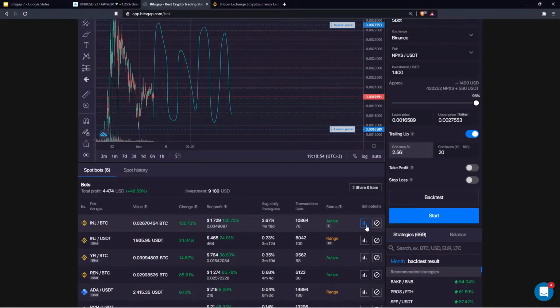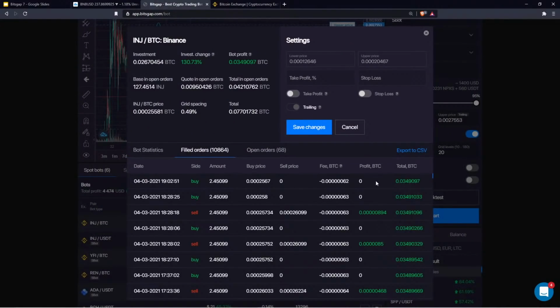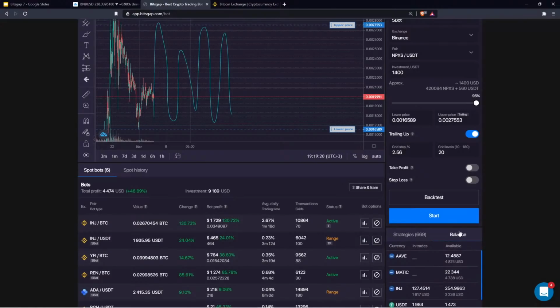And if I take a sharp look at my details, you will see that in filled orders, I have my fees calculated. See, the profit here is net of all fees. So that's the cool thing about Bitsgap, that the bot profit that you see here is already net. Basically, that's the pure profit, which goes directly to your balance.